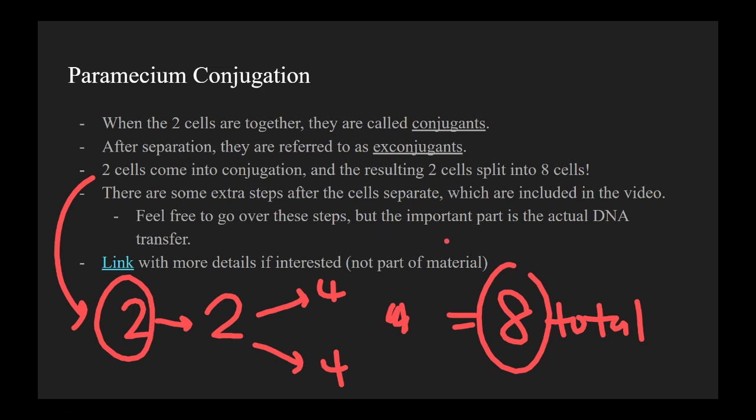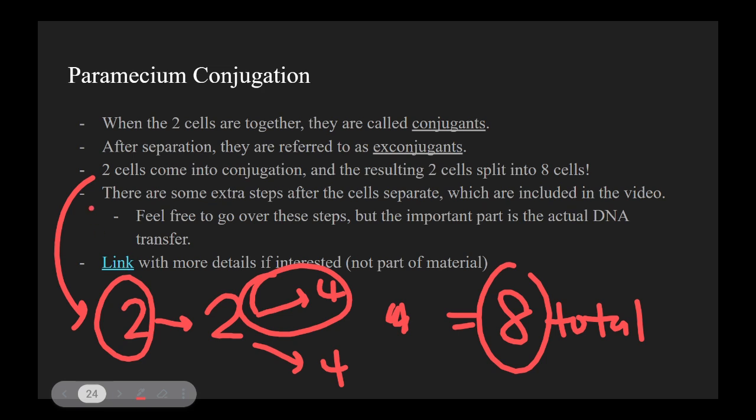So like I said, going from the 2 resulting to the 8 total, this step is very complicated, so I'm not going over that in detail, and I don't think you'll have to know it for the tests, but they're included in the next video. So if you're curious or interested, you can go ahead and look over those in the video that is in the next slide here.